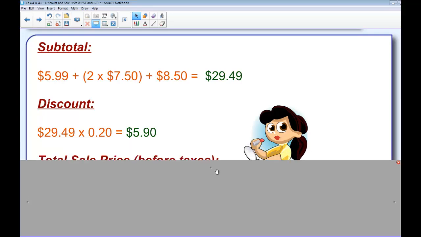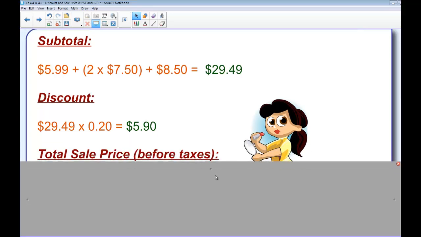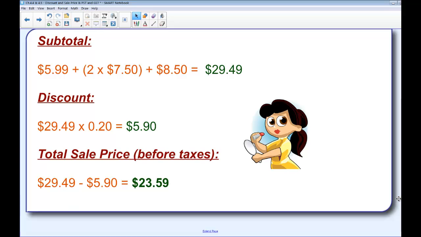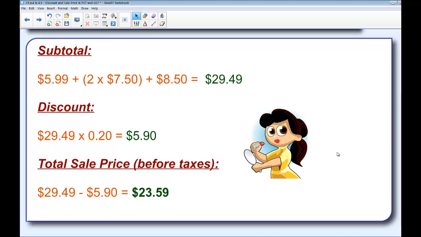So to find out then the sale price, the total sale price before taxes, she would simply then take the $29.49, subtract the discount amount, which was $5.90, and you get a total sale price of $23.59 before any taxes. So there you have it.